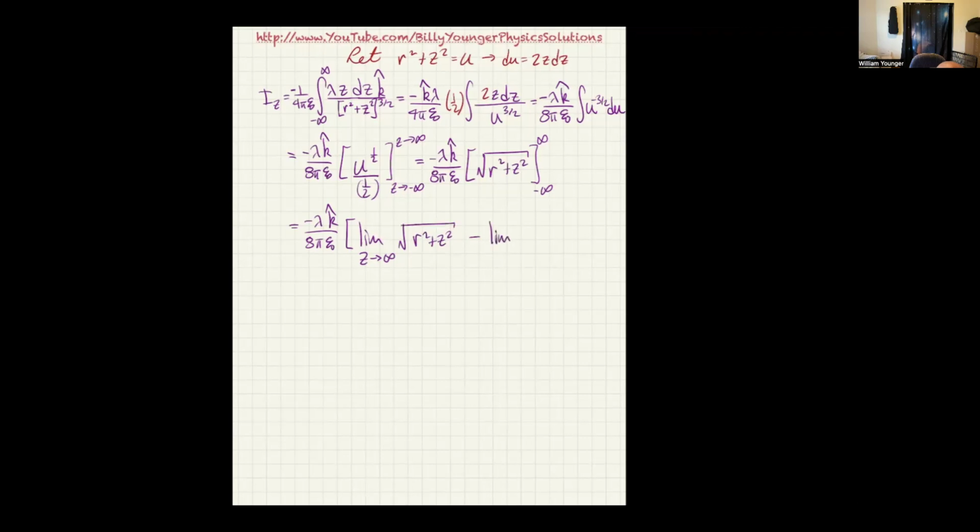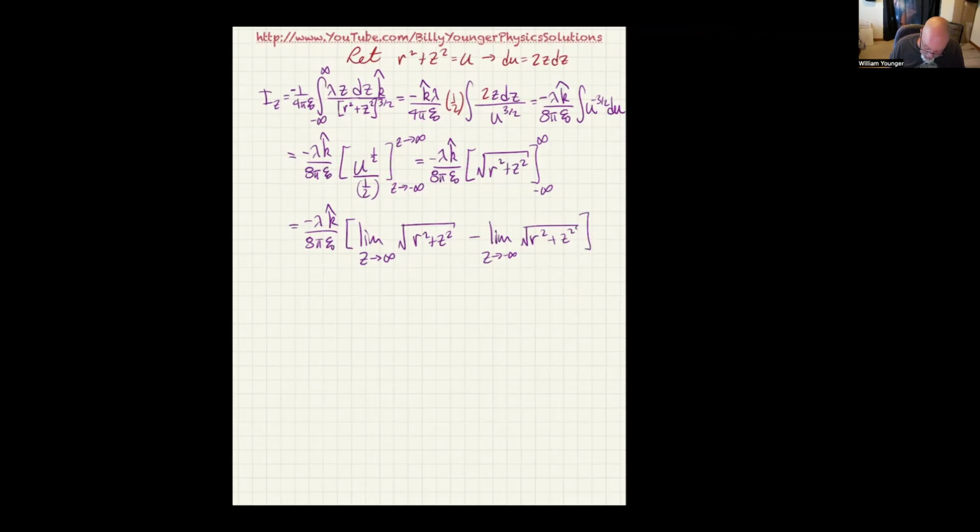minus the limit as z approaches negative infinity of the square root of r squared plus z squared.